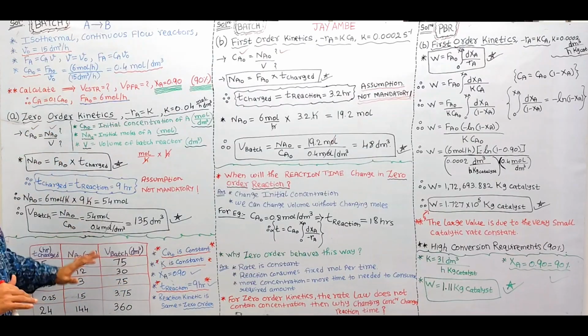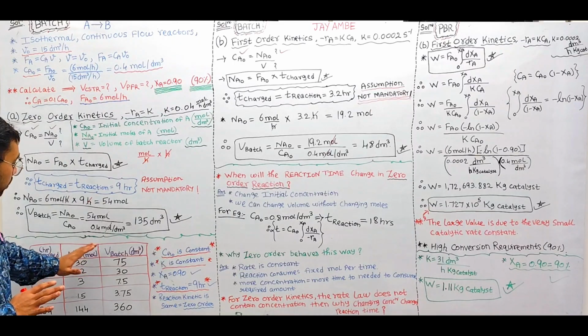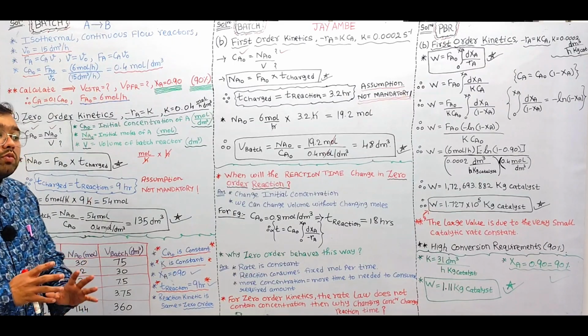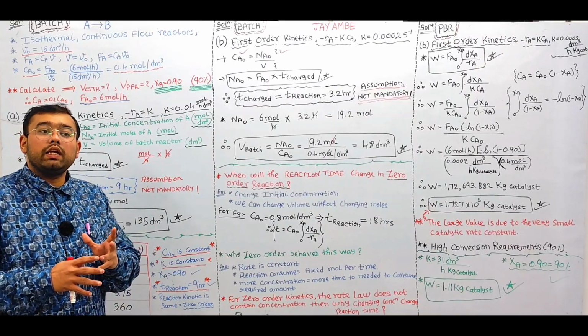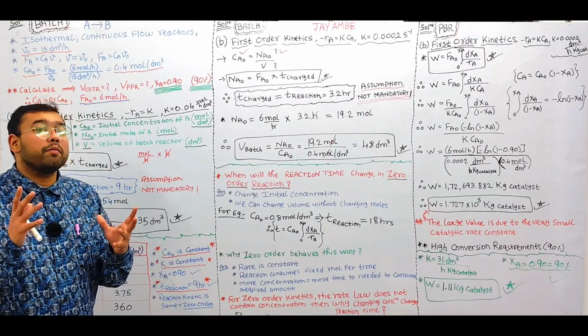And we are solving it for the zeroth order reaction kinetics. I hope up to here you have understood, right? Now let's say for all these cases, how much time will it take in order to achieve the 90% conversion?